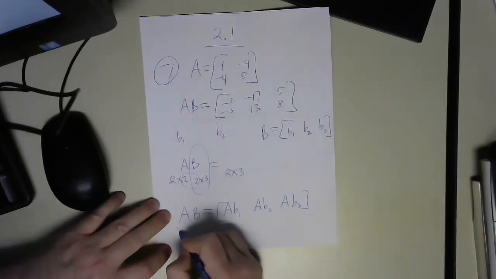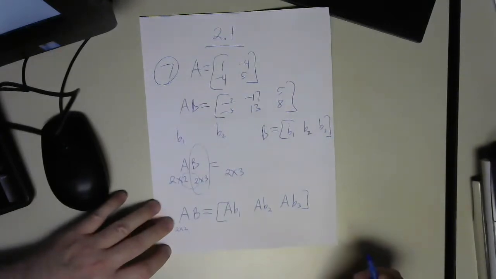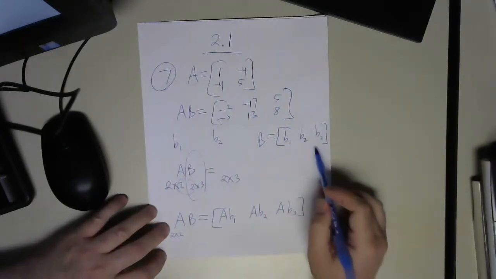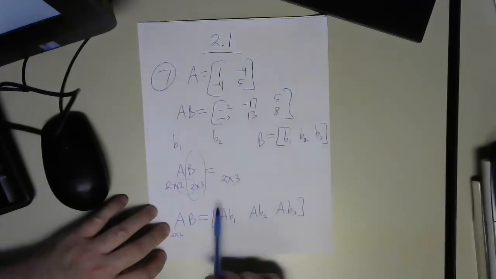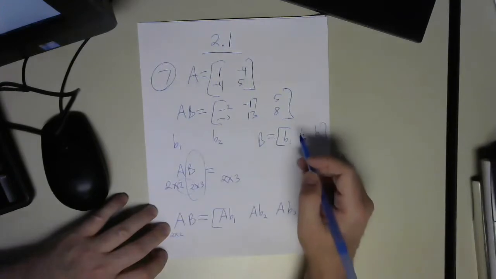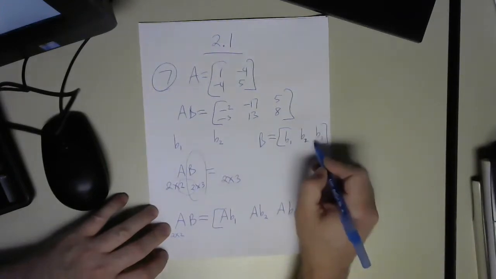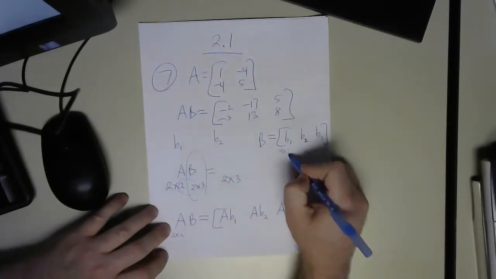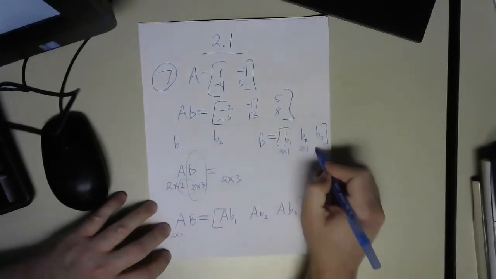And let's just check and make sure the sizes are correct in this case. Once again, A is a 2 by 2. But what about these B's? Well, let's see. I've already decided that B is a 2 by 3. So that means each one of these columns is a 2 by 1. That's a little tricky.